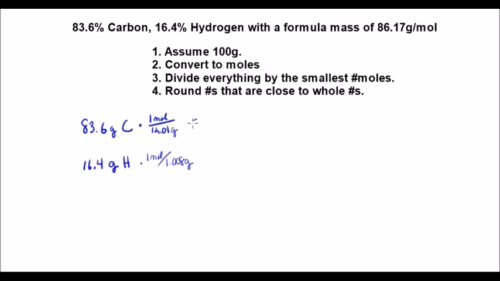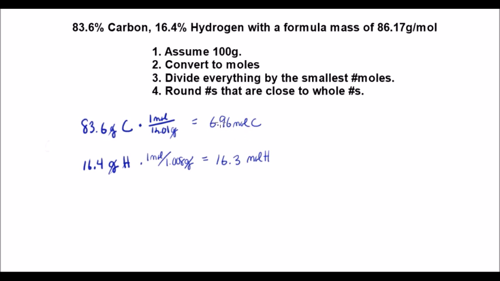And of course, we multiply or divide that out. Units cancel, and we come up with 6.96 moles of carbon, and then 16.3 moles of hydrogen.